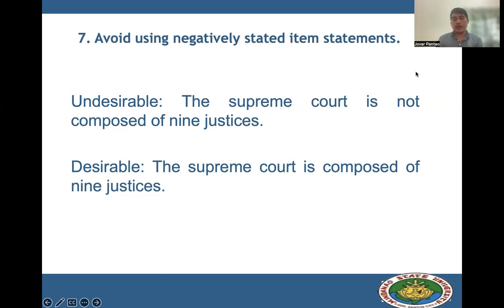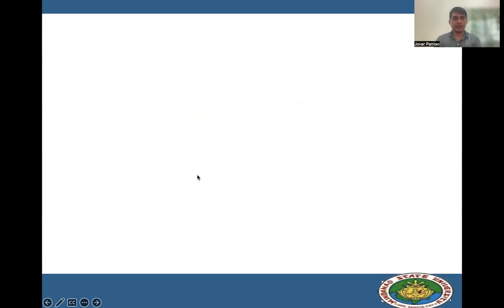So instead of putting the "not," because that might confuse the students, it's not probably that they got the incorrect answer because they don't understand, but because they were confused of, or they might overlook the "not" in the statement. So instead of putting the "not," we can remove the "not" and simply state the statement. The Supreme Court is composed of 9 justices.